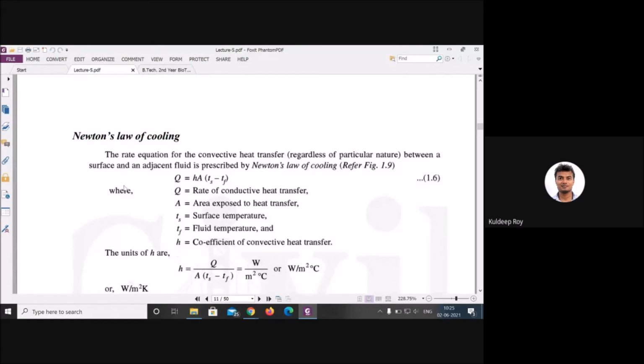Q is equal to hA (Ts minus Tf), where Q is the convective heat transfer, h is the convective heat transfer coefficient, A is the area, and Ts and Tf are the solid surface and flowing fluid temperatures.